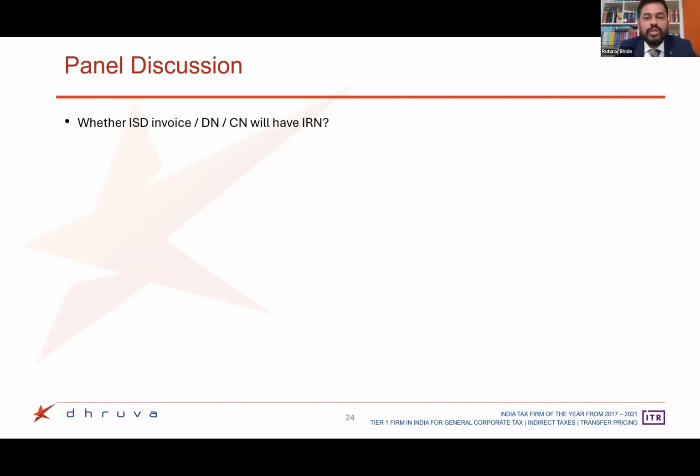Coming to the last question of the panel, and again, I'll continue with you, Arun. So, this ISD invoice which we raise for distribution, or for that matter, the debit note or credit note which we raise for rectifying the distribution, for any entity which is mandated to have e-invoicing, is it required that all these invoices, debit notes, credit notes should also have IRN on them?